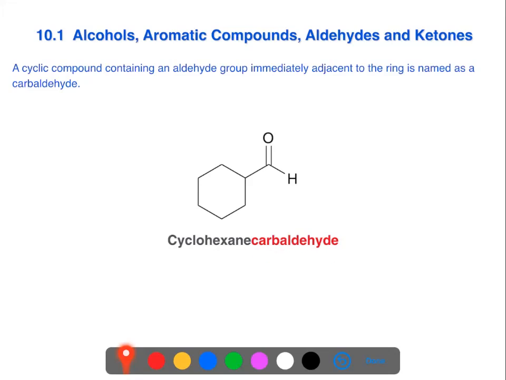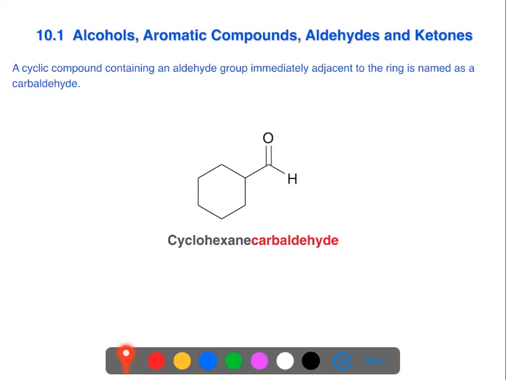So here you have a 6-membered ring, no conjugation, no pi bonds. It's a cyclohexane ring. We refer to this as cyclohexane, all one word, no spaces, carbaldehyde. So cyclohexane carbaldehyde. If this were a 4-membered ring like cyclobutane, it would simply be cyclobutane carbaldehyde.